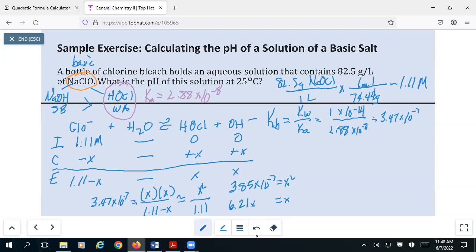That gives 6.21 times 10 to the negative 4th molar for x, which would also be our hydroxide concentration. So because of that, we can find the pOH.